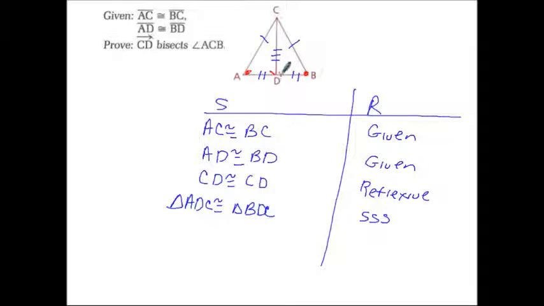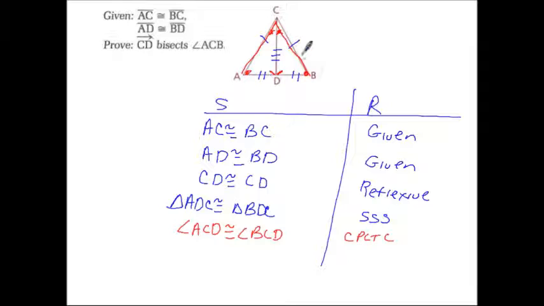Angle D and angle D are corresponding. And angle C and angle C are corresponding. Now, if we want to eventually prove that angle ACB was being bisected, the CPCTC that we're going to want to write is angle ACD is congruent to angle BCD by CPCTC.